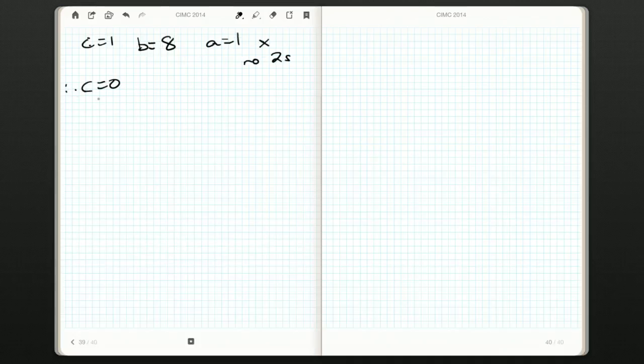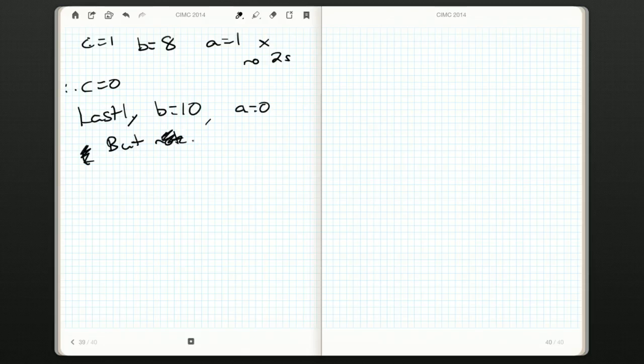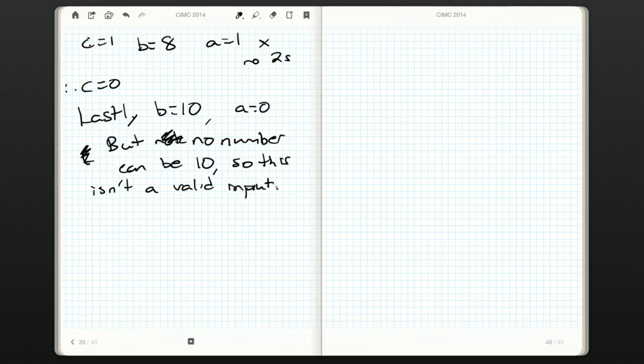So now the only remaining case is C equals 0. Right? We can't have 0, 10, 0, 0. All the numbers are supposed to be between 0 and 9.